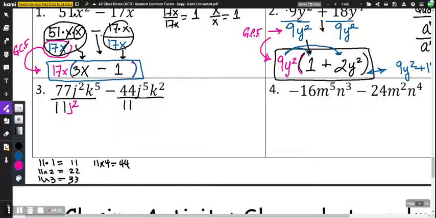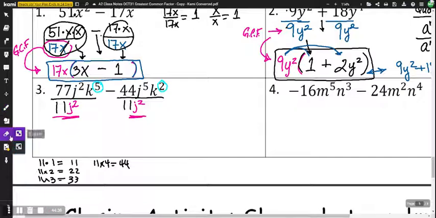Now let's take a look at the k's. So see, I just went in order. I looked at the coefficients first, then the first variable, then the second variable. So I've got 5 k's here, and I've only got 2 k's there, which means the most k's I can pull out is 2 k's. I forgot to add the j squared. Remember, whatever I write on one, I have to write on the second one. So now I can only pull out 2 k's here.